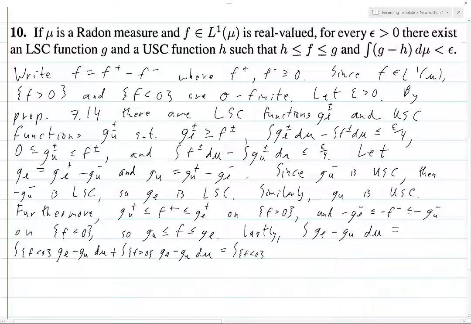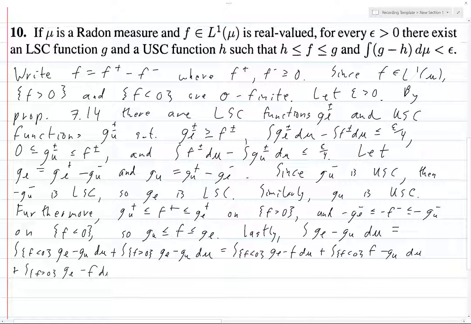And so what we're going to do is add and subtract f a bunch of times, because that's what we do in analysis. If you want to get an inequality, you want to add and subtract a thing. Am I going to fit this all?